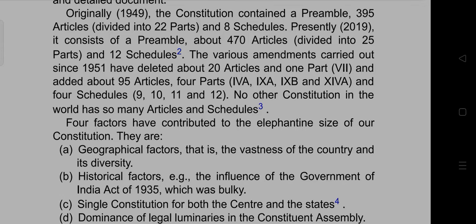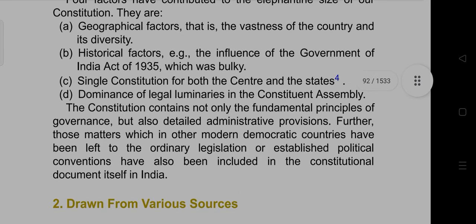Four factors have contributed to the elephantine size of our Constitution. They are geographical factors, that is the vastness of the country and its diversity; historical factors, for example the influence of the Government of India Act 1935, which was itself very bulky; a single constitution for both center and states; and the dominance of legal luminaries in the Constituent Assembly.